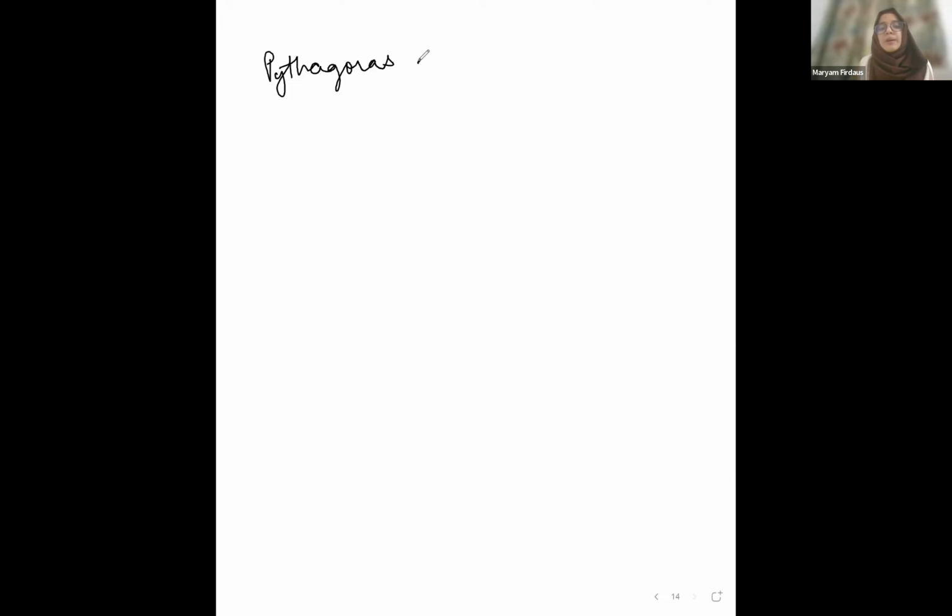So Pythagoras figured out that if you have a right angled triangle, then what is going to be the relationship between the three sides of the triangle?